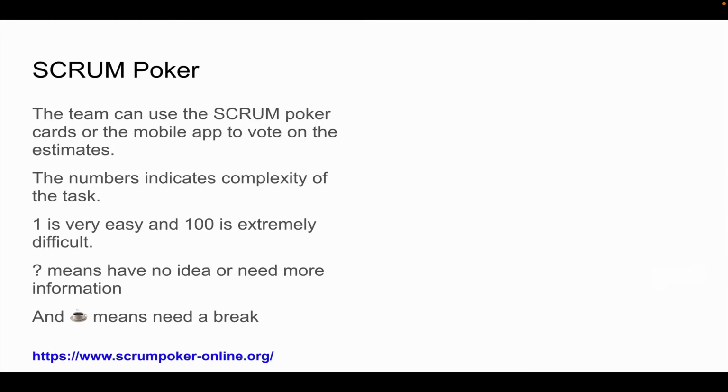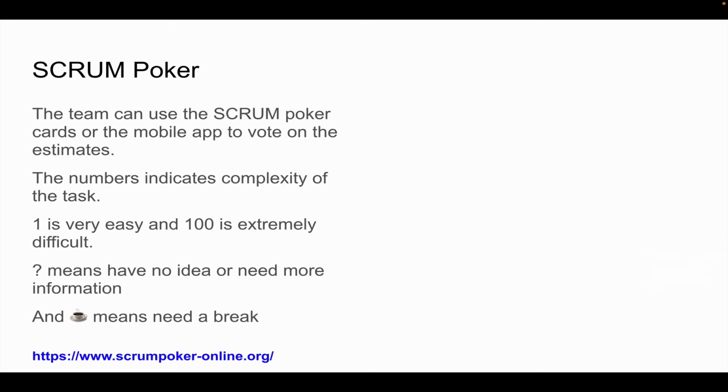When the team does the estimation, they don't estimate on time. People have a very bad way of looking at time. So nobody can really estimate time precisely. In Scrum, it's better to estimate on effort, and effort is related to a certain number.